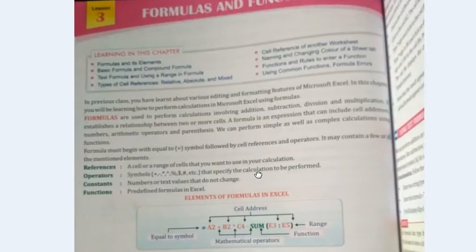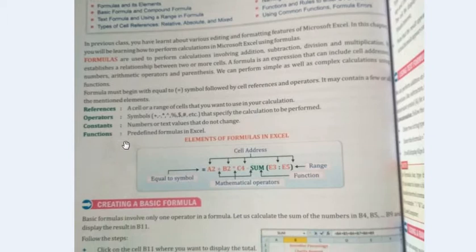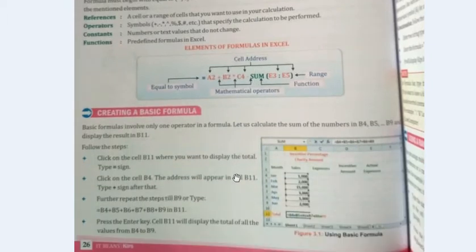So in this we have already discussed from the starting what are formulas, references, operators, constants, functions, how to create a basic formula, and how we can apply it on our cells. Then we discussed using compound formulas, multiple operators in a single equation, using text formulas, how to add concatenation, how to add two texts, right?